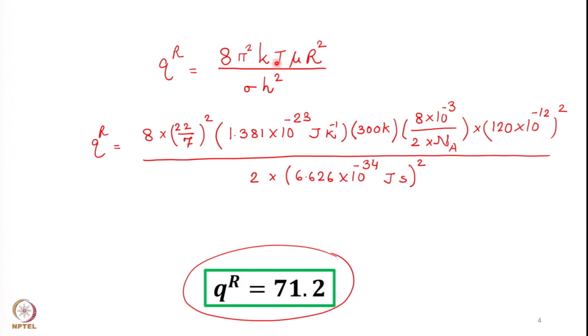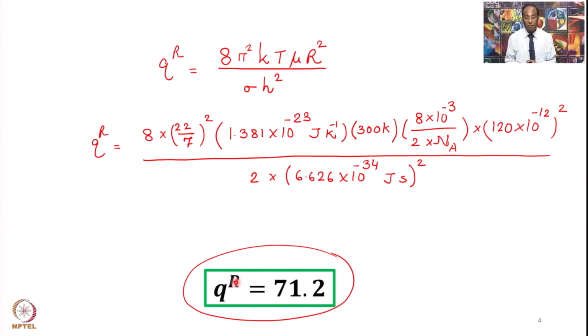When the temperature becomes higher, more and more thermally accessible rotational states are present. Therefore, the value of 71 for the rotational partition function, which itself suggests significant population of the upper states, can further increase as the temperature is further raised. All right.